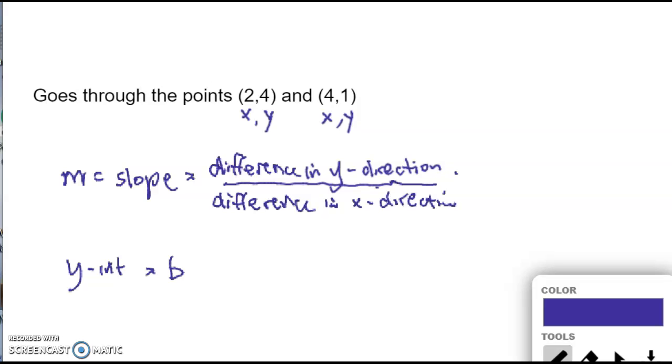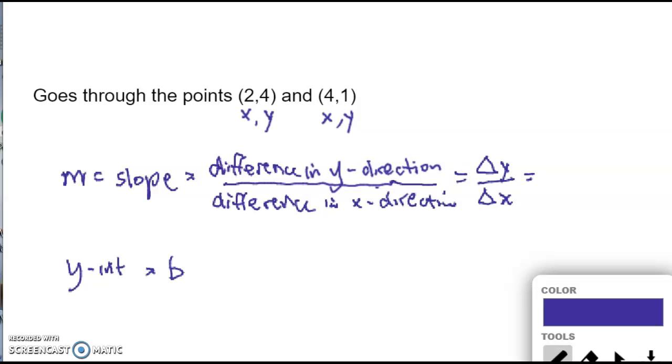And sometimes it's long to write, so I am going to write delta y or change in y and change in x. Okay, so that triangle does not mean triangle. This actually is a Greek alphabet that says delta, which means change. So we're looking for difference in the y direction, and that's what I mean by delta y, difference in the y direction over difference in the x direction.